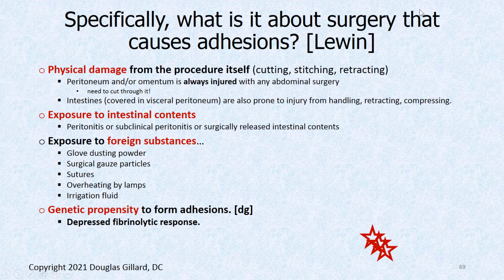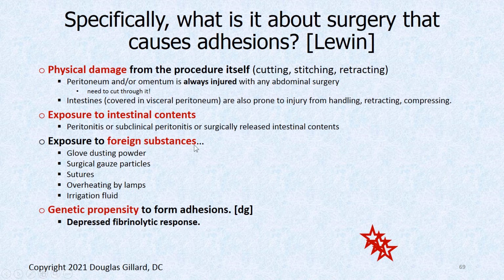So what is it about surgery or any type of peritoneal injury that causes them? What's the physical damage that triggers them? And other things that can trigger them through experimentation: exposure to intestinal contents. So if you're doing surgery and cutting out a bad piece of intestine, some of the intestinal juice gets out. That's been proven to cause these things.